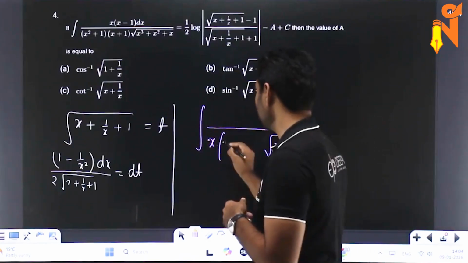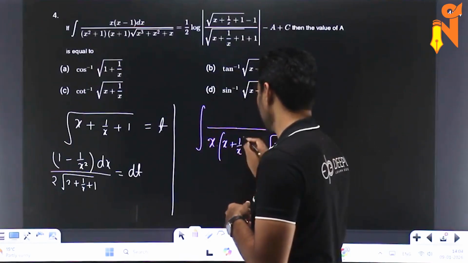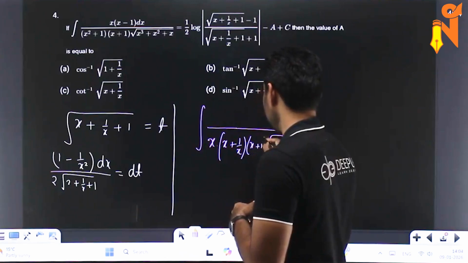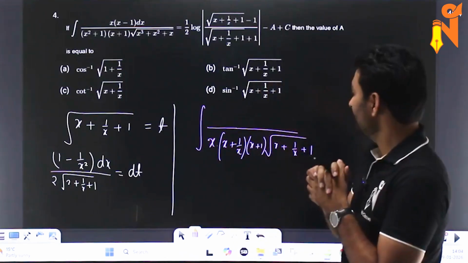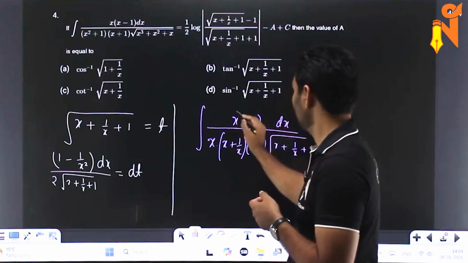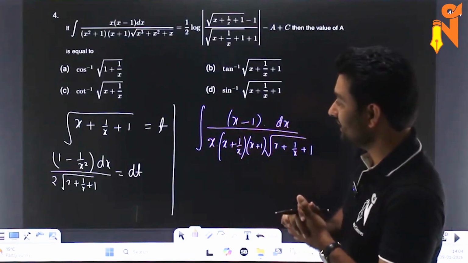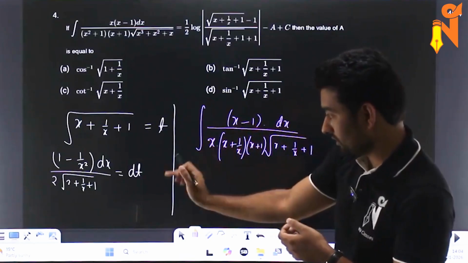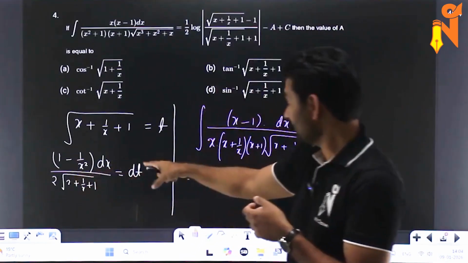Now what is remaining here? x plus 1 by x into x plus 1, and x minus 1 here into dx. Now obviously you can see that dx upon this root is exactly the same here.